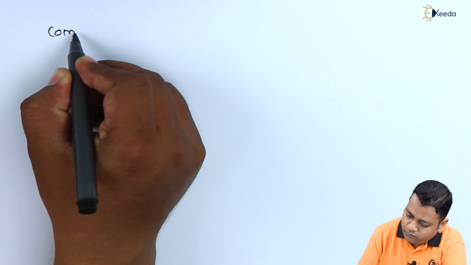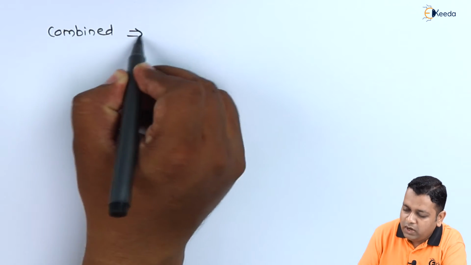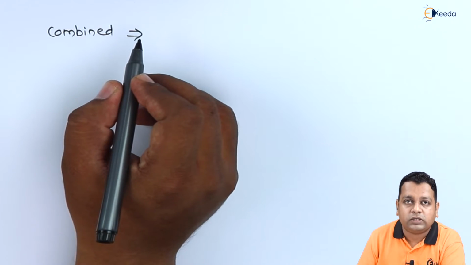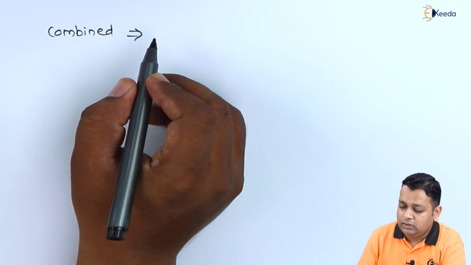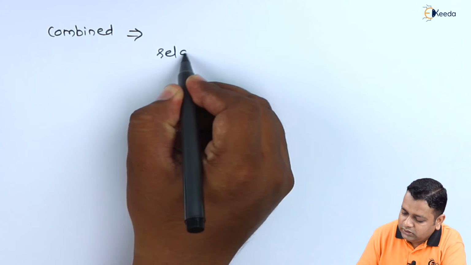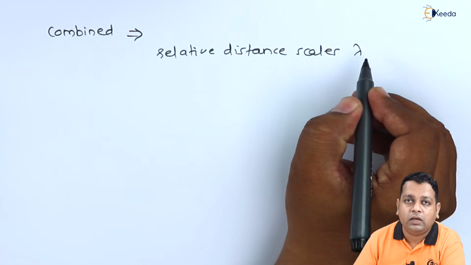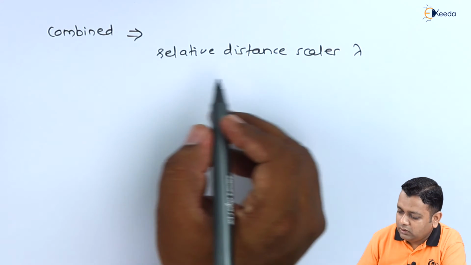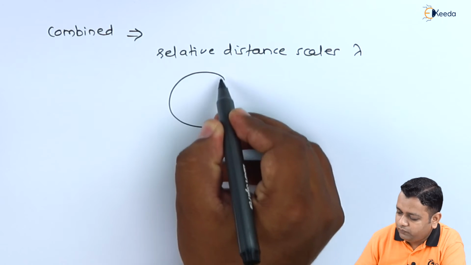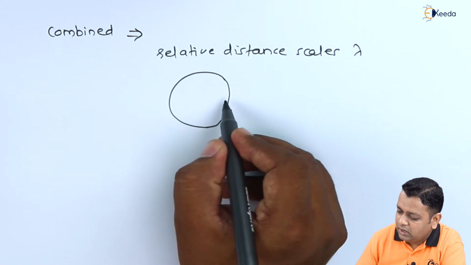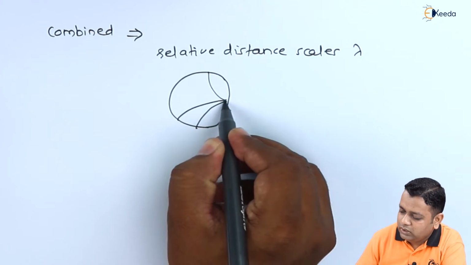Now we have just discussed the constant resistance R circles and the constant reactance X circles. When we combine both the circles, this combined form of the constant circles for X and R gives us the relative distance in the form of scales corresponding to the wavelengths, represented by lambda, along the circumference of the circles for the constant resistance and constant reactance on the Smith chart.